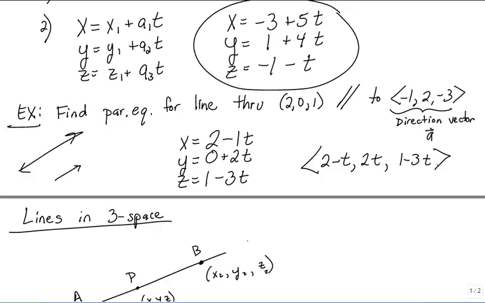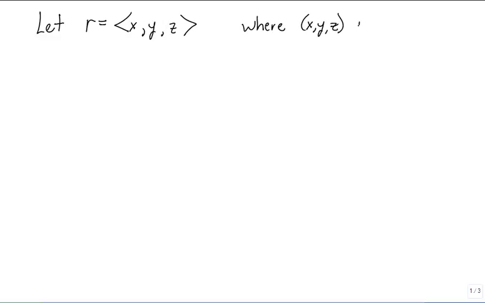So you can let t be anything, and that will give you a point on the line. Let's look at it this way. Let r be the vector x, y, z, where x, y, z is any point on the line.